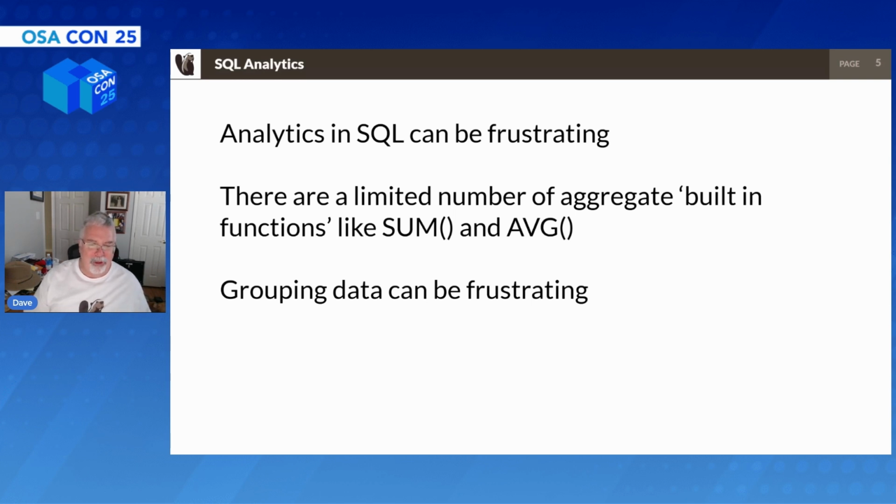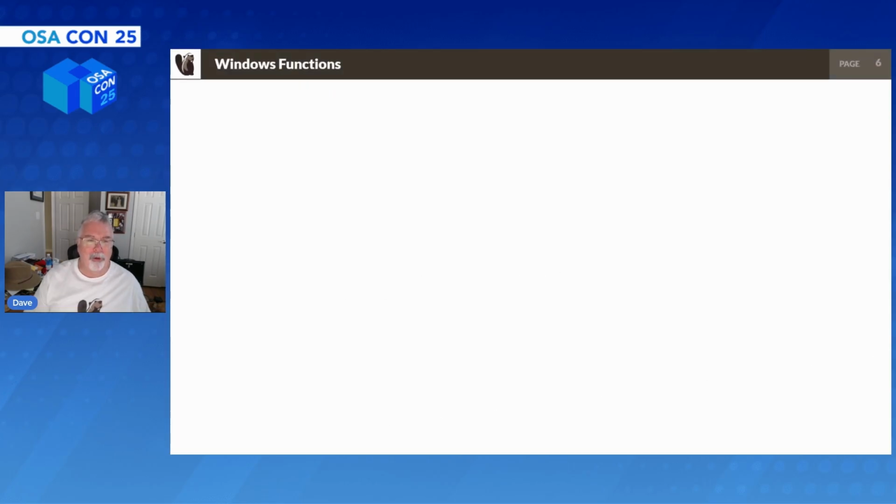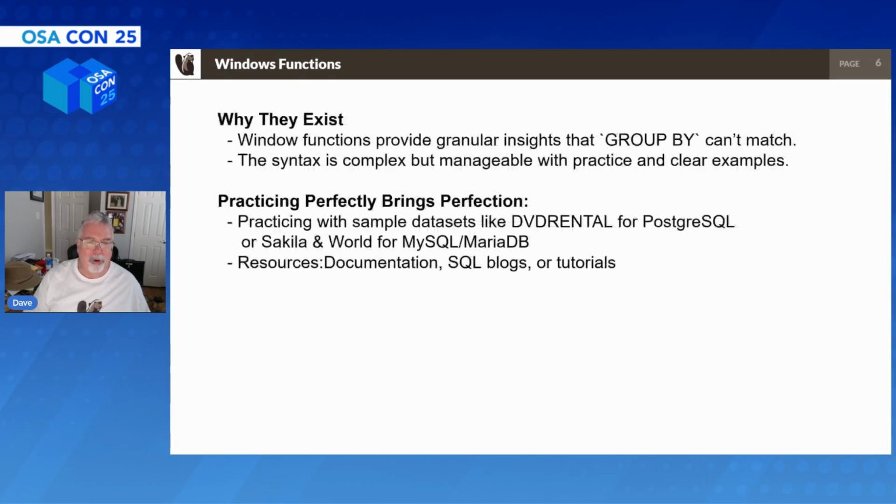They're there, but they're limited. And when you're trying to do that with a group of data, the groups aren't usually granular enough to give you the control that you want or the insights that you want. So what does a window function do? Why are they here? Well, once again, they give granular insights beyond what a GROUP BY can do.